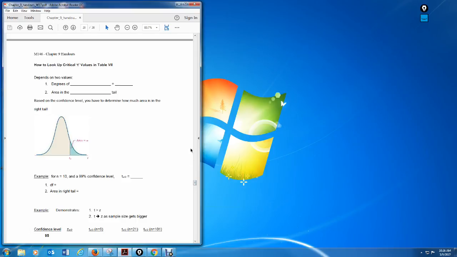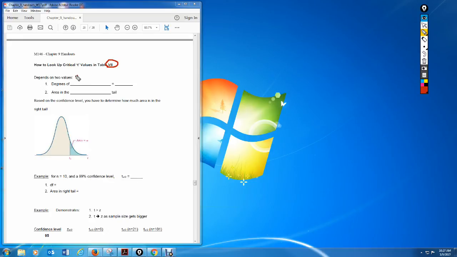All right, so we need to learn how to look up the critical t values. This requires another table, Table 7, which is in the back of your book. It's in the pull-out handout that came with the book. It's also at the end of this handout packet. The critical t value depends on two values.